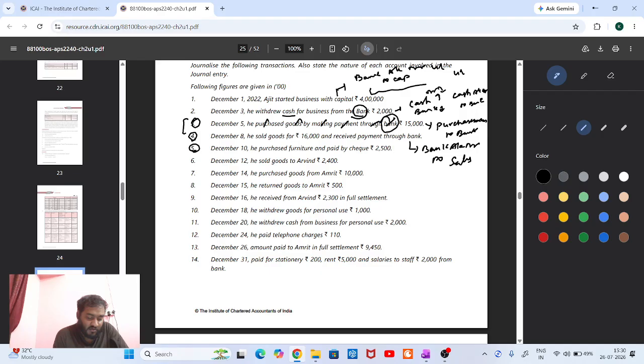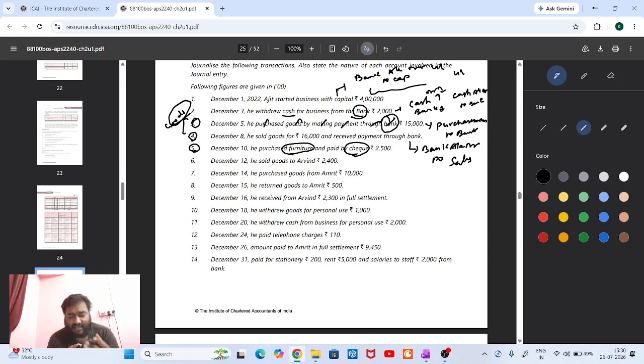Only for goods, we do not use the word goods. We use purchases or sales. Other than goods, we use that name itself as an account. Furniture purchased, paid by cheque. Furniture is an asset. It has a debit balance. If you paid through bank by cheque, bank balance reduces and the furniture account will be increased.